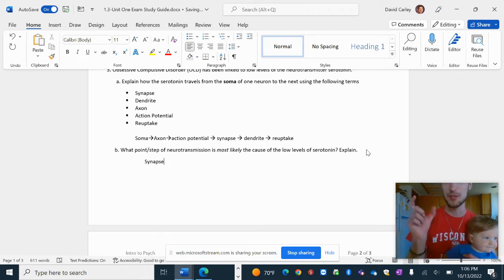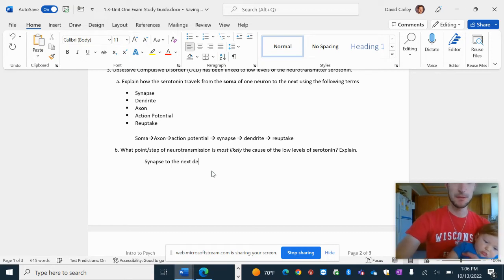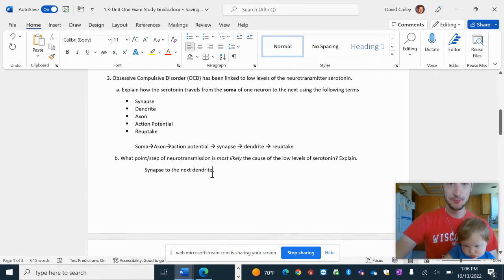So it's the synapse where it's going to break down. Technically it's going from the synapse to the next dendrite. Not enough is able to bind. So the SSRI tries to stop reuptake from happening so that you can be more likely to have more serotonin binding. Okay, synapse to next dendrite.